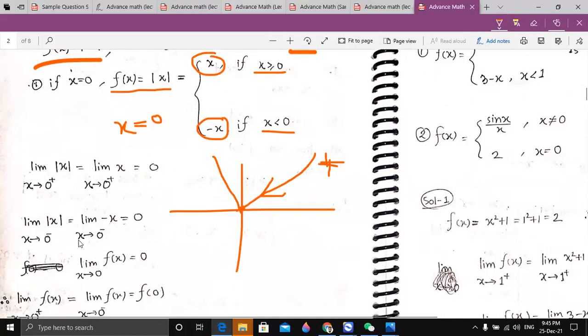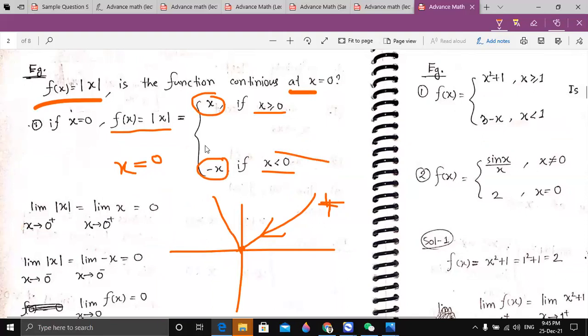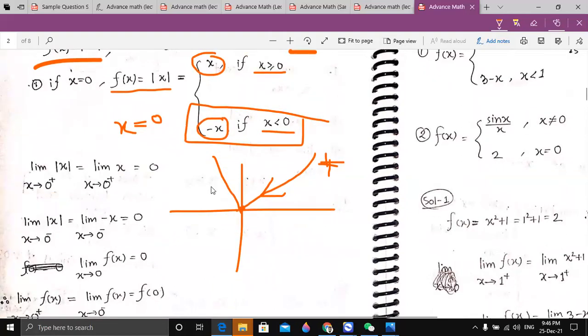Now about the left hand limit. This is the function for the left hand limit. If x approaches 0 from the left side, modulus x will be minus x. If I substitute 0 here, minus 0 is equal to 0. We can see that our left hand limit and right hand limit are similar.